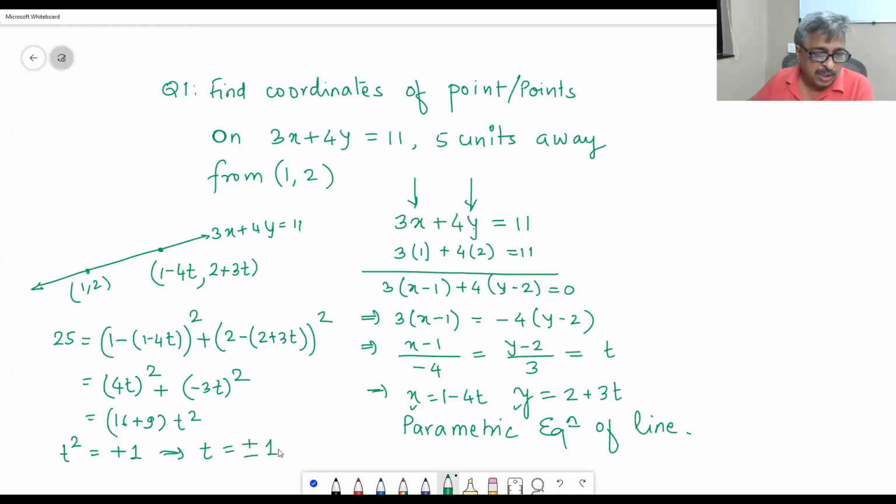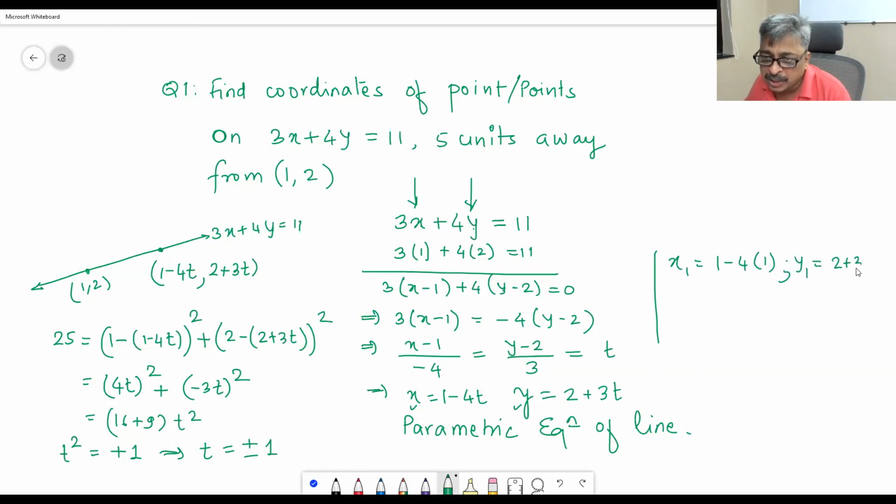So t equal to plus or minus 1 will give me 2 points on the line. x1 will be 1 minus 4 into 1, comma y1 is equal to 2 plus 3 into 1, which is equal to (minus 3, 5).